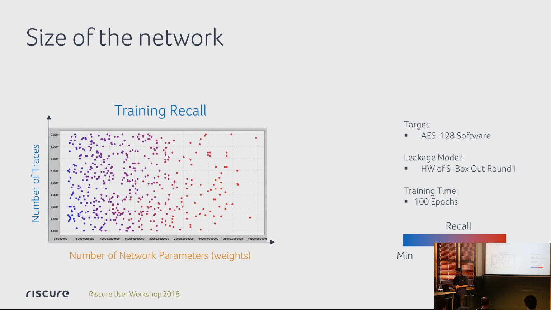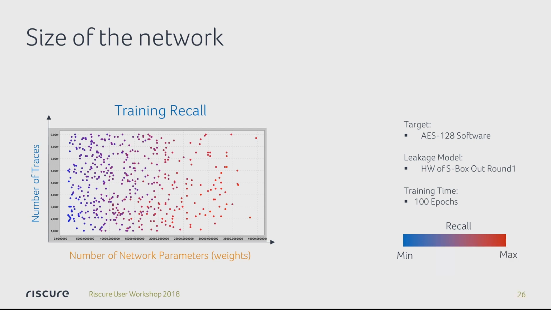So the size of the network is also something, of course, that defines the performance of the model. And by size of the network, I mean here how many layers you have and how many neurons in every layer you have. And I did this chart. It contains 500 different experiments to show you how the size of the network is related to the number of traces you are attacking.